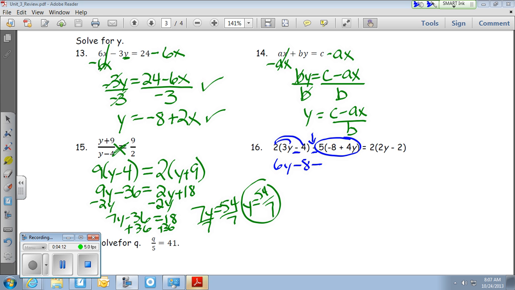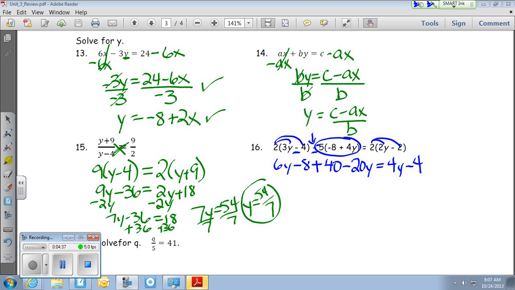And then minus, let's go ahead and just change that to a plus and then change this to a negative. So I've got a negative 5 times that negative 8 gives me a positive 40. Then I have a negative 5 times the 4y gives me a negative 20y is equal to 4y minus 4.